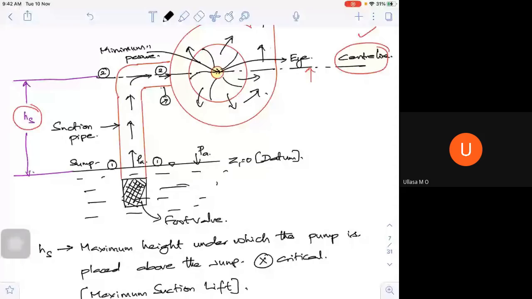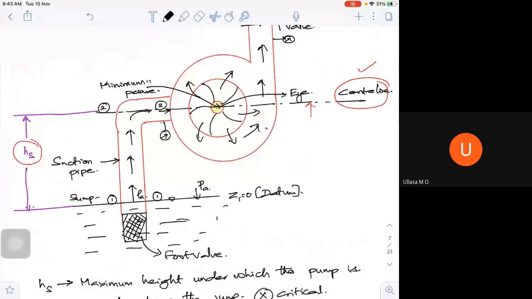I'm going to apply Bernoulli's equation between 1 and 2, and I will be able to find this MSL. And one more critical point here: I have to ensure what the pressure is here. If I call the minimum pressure P2, the P2 should not go below the vapor pressure of the fluid. Agree? That is very important.